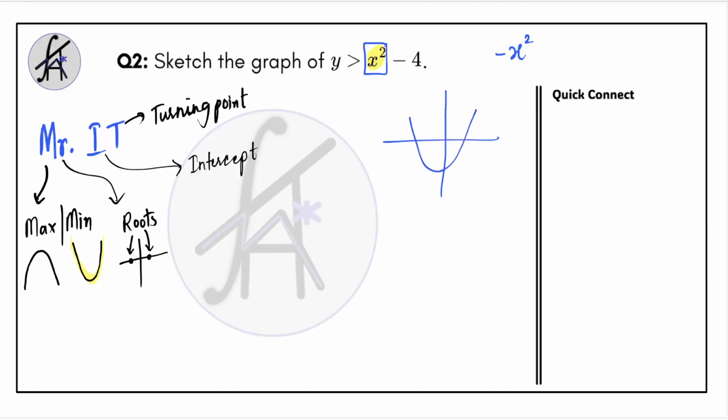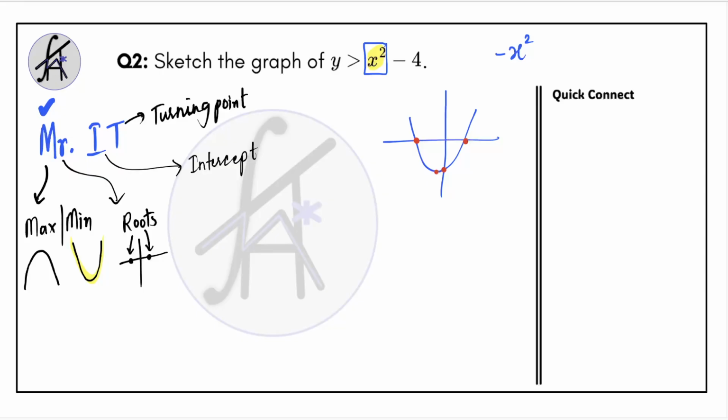So we know that the curve will be something like this. Now what we need to do is quickly find out these points. We should know the roots, the y-intercept, and the turning point, and we already know the curve is going to be minima. So now let's start. First, M is finalized. The second value is roots.